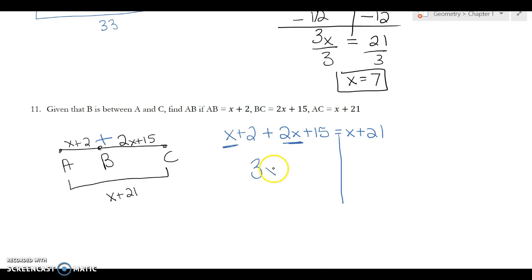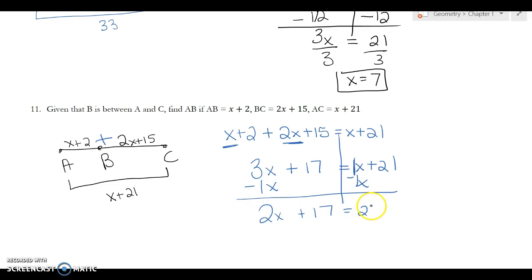I'm going to combine my terms and I get 3x plus 17 equals x plus 21. This time I have to move this 1x, so I'm going to subtract it, and remember it has to go with the x. So I get 2x plus 17 is 21, minus 17 on both sides, and I get 2x is 4, and divide by 2, and I get x is 2.